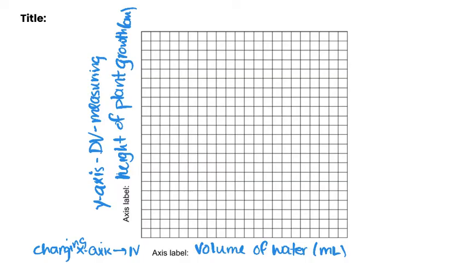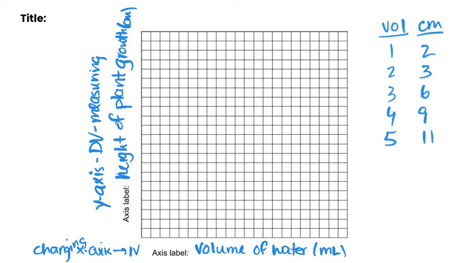Now, in order to fill up our graph, we need to first take a look at our data set. So if we had, for example, for the volumes, 1, 2, 3, 4, and 5. And then say for the centimeters, the plant growth, we had 2, 3, 6, 9, and 11.